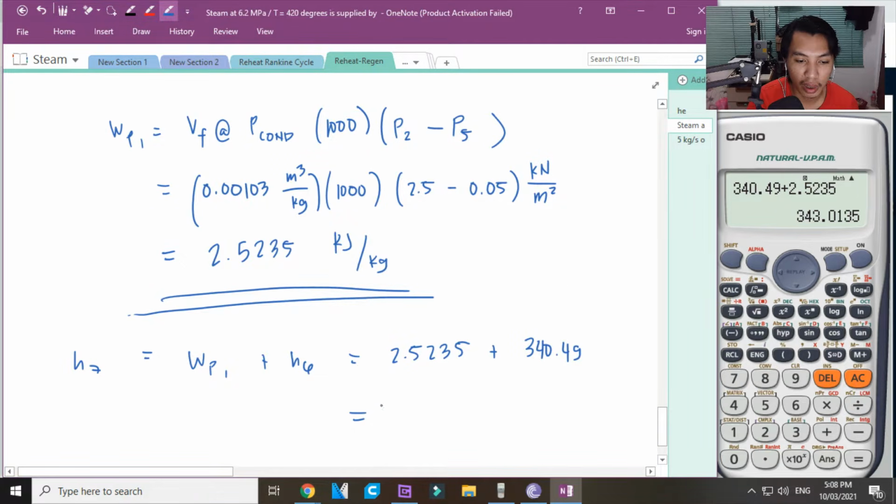That is 343.0135 kilojoules per kilogram. You have H7. H8 is the only thing left.